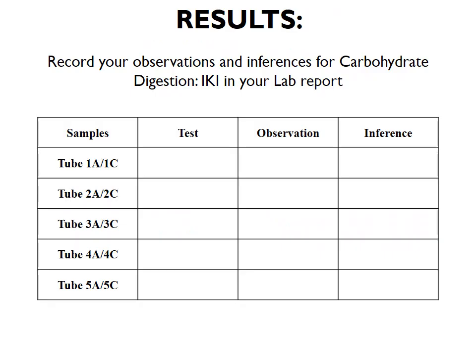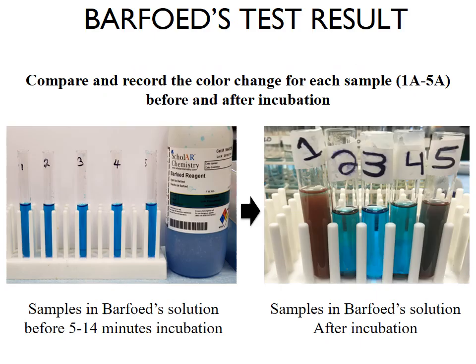This table is already attached to the module, the Lab 7 module, and you can see the data sheets, and you can download it and attach it to your lab report. Make sure you fill up the tests and then the observation from the experiment and also the inference. The same thing for the Barfoed test.